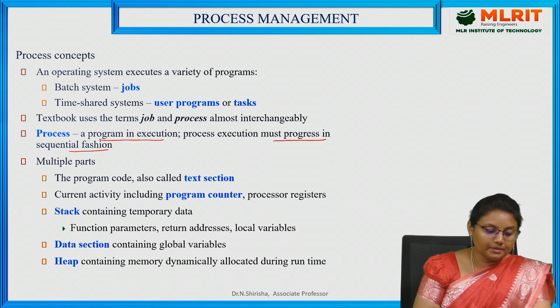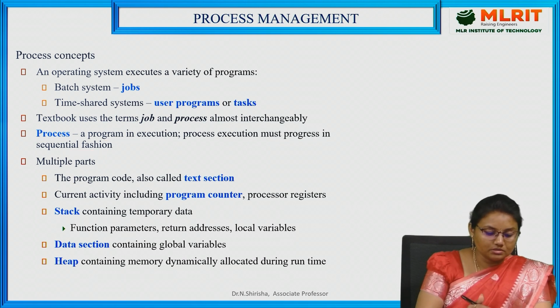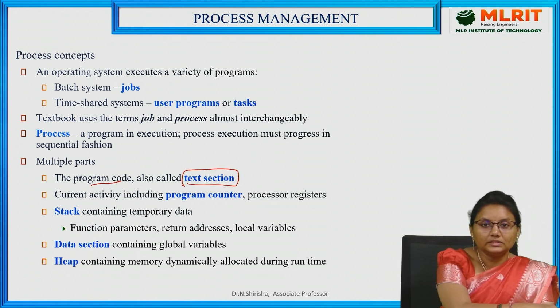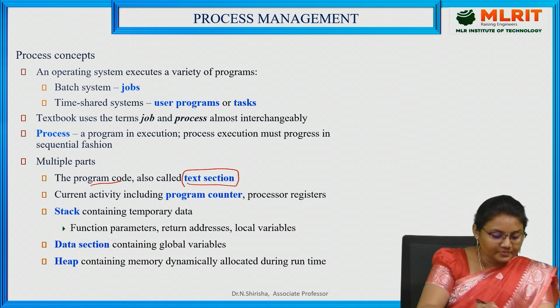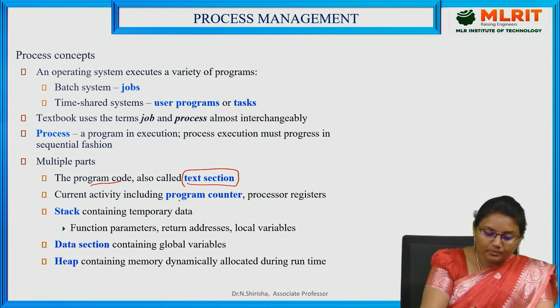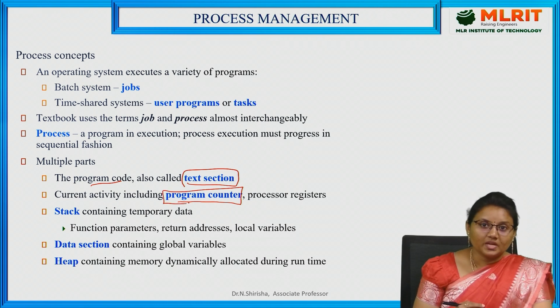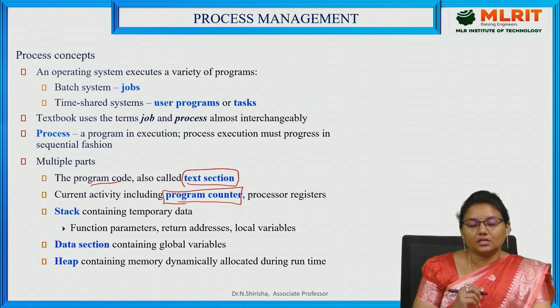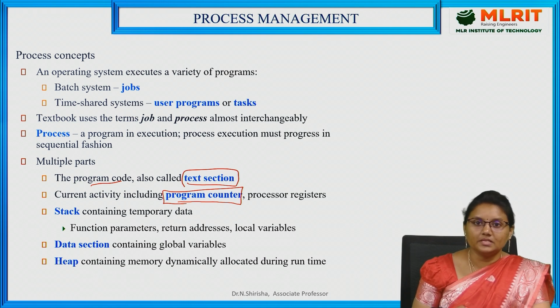And what are the multiple parts of a process? When you consider a process, you have the program code, also called the text section. Then the current activity, including the program counter. The program counter is where, according to the user, the counter may increase or decrease. If the counter is given as 5, then unless the counter becomes 0, the process will be executing.